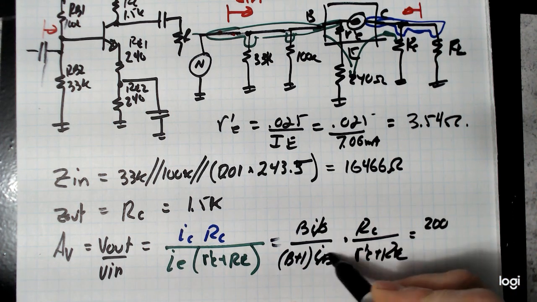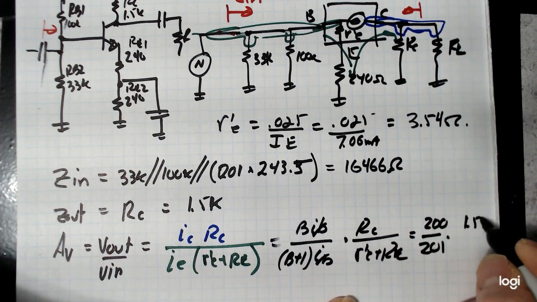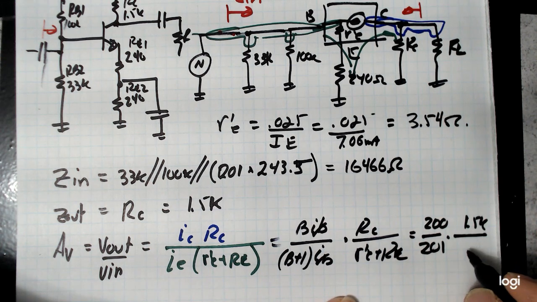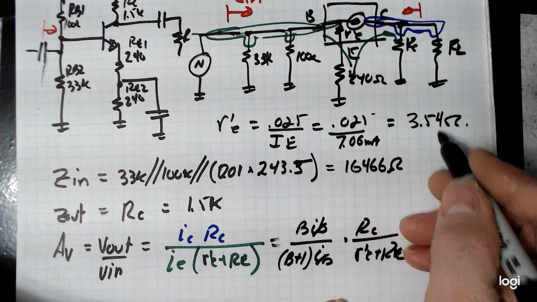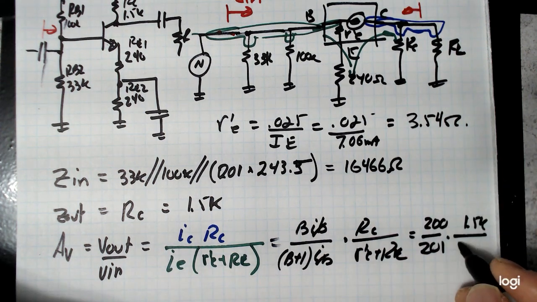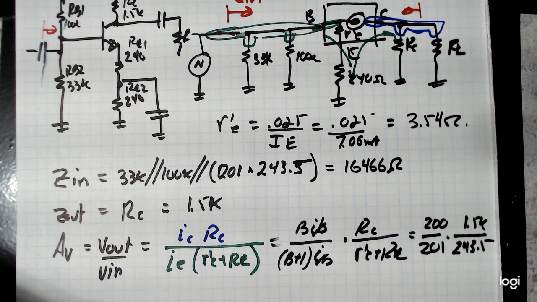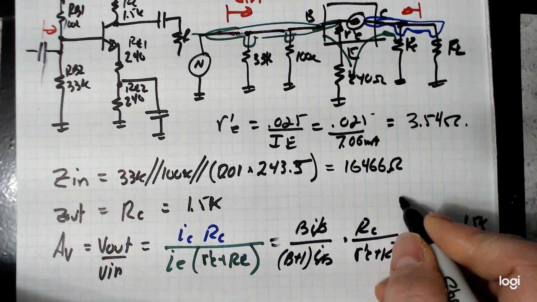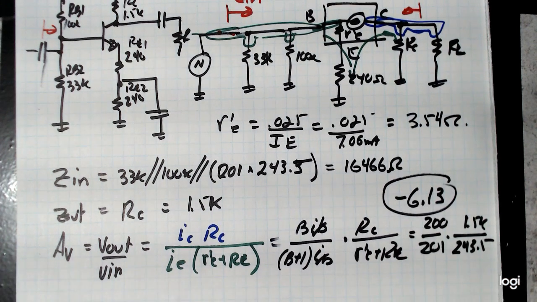So now we can cancel. 200 over 201 times 1.5K over R prime E, which is 3.54, RE is that, so 243.5. That comes out to an open circuit, open load gain without the load attached of minus 6.13. It's negative because the output voltage is out of phase with the input.